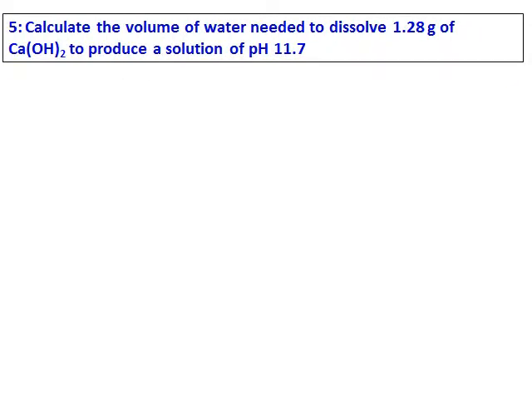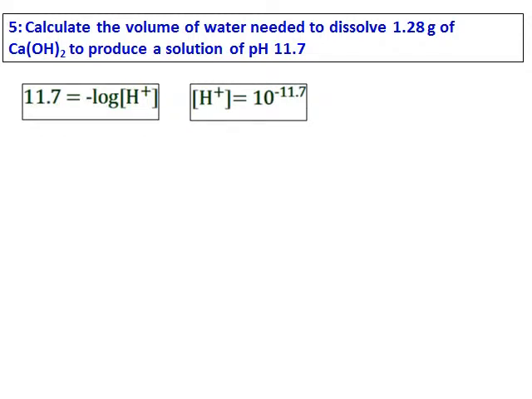Calculate the volume of water needed to dissolve 1.28 grams of calcium hydroxide to produce a solution of pH 11.7. So the total volume of the solution is this volume of water. Okay, 11.7 equals negative log hydrogen ion concentration.